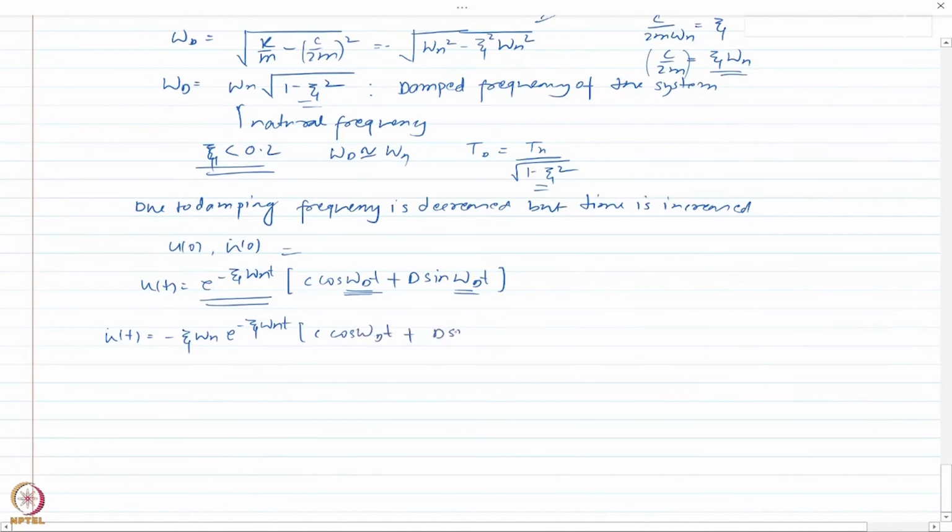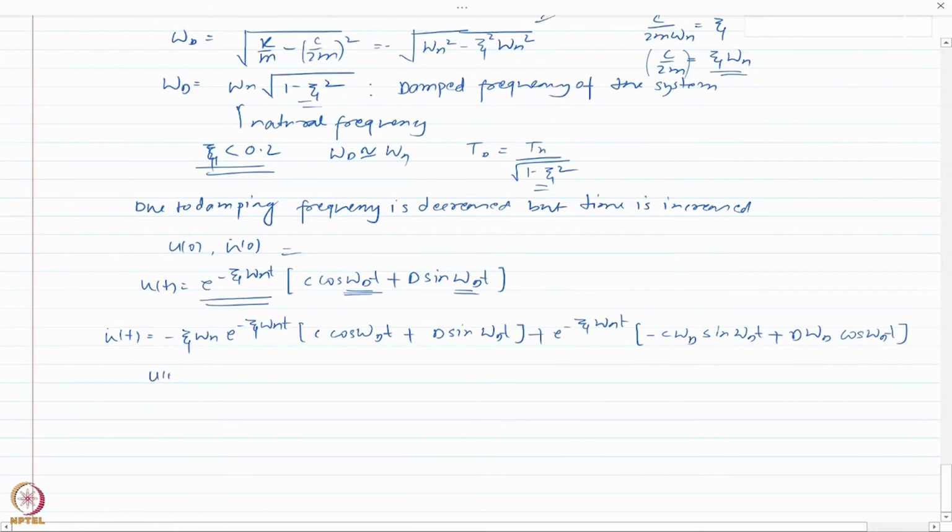And then I'm going to differentiate the parts inside the brackets, which would give me minus c omega d sin omega d t plus d omega d times cos omega d t.